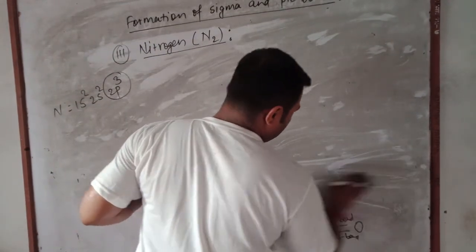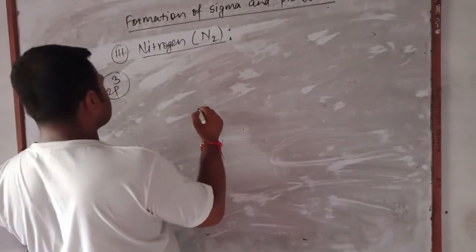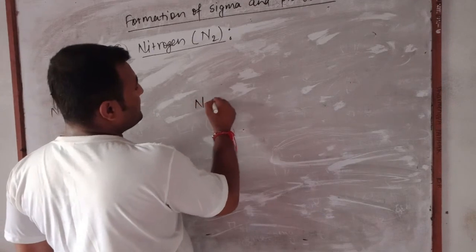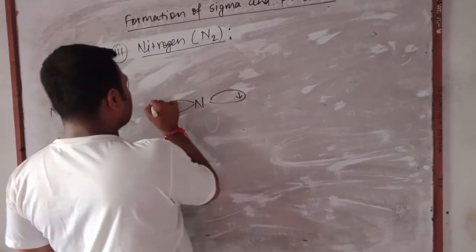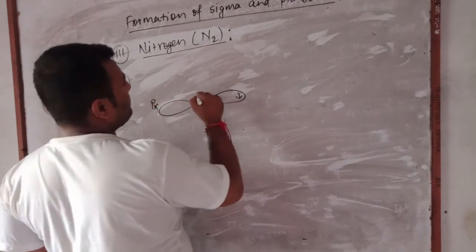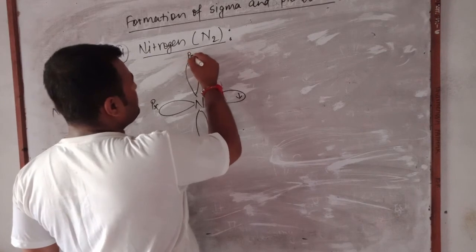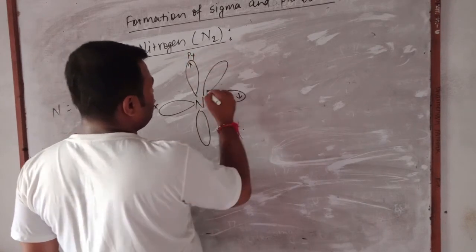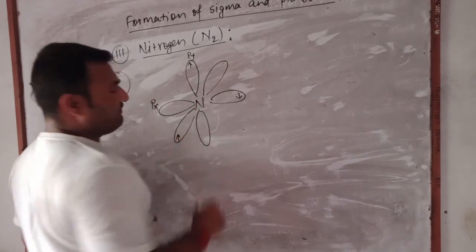All three atomic orbitals take part in bonding, and we can draw a structure like nitrogen atomic orbitals, px having one electron, py having one electron, pz having one electron. Suppose here we write.